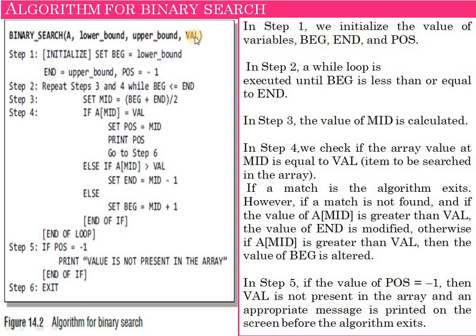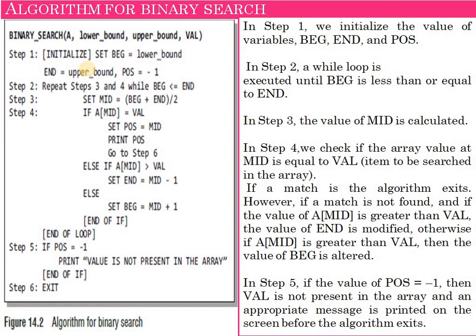Then val means the target: the element we are searching for is stored in val, the target element for search. Now consider step 1. Here initialize beg, meaning beginning, equal to lower bound, then end equal to upper bound, and position to -1.